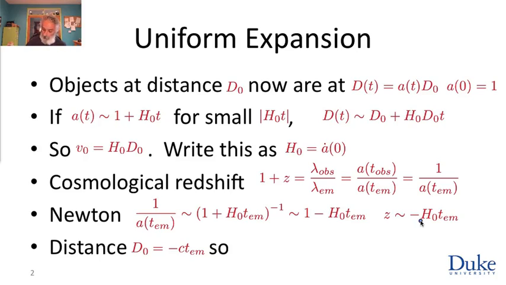Looking at our expression for z and our expression for d0, we can rewrite z as equal to h0 d0 divided by c, which was Hubble's original relation, that the redshift was h0 over c times the observed distance.